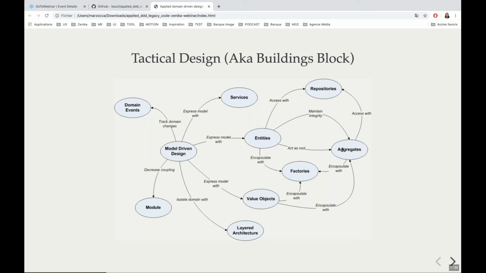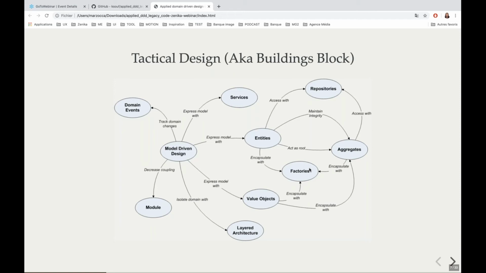So the aggregates actually have a life cycle. That life cycle is managed by repositories. Sometimes when the aggregate is too complex to be created, we use factories to do that.